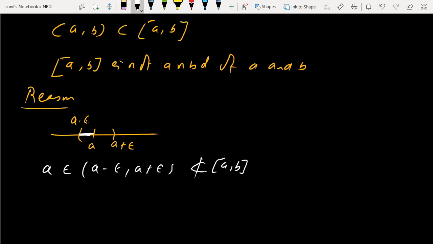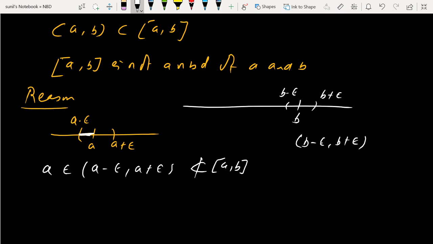Similarly, when constructing the neighborhood of b, you get (b minus epsilon, b plus epsilon). Certainly b belongs to it, but it is not contained in this interval.